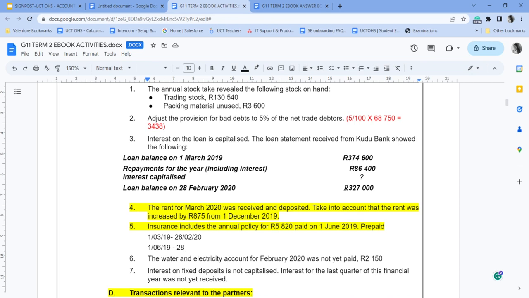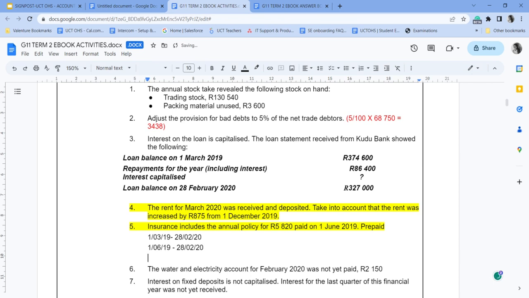So from the 28th of February 2020, all the way to, I'm assuming, the 31st of May 2020. That's when this thing will end.